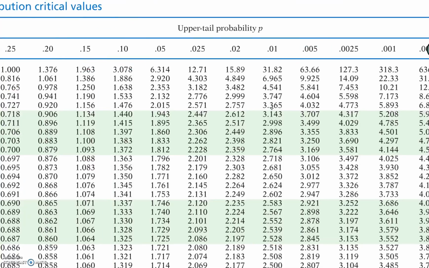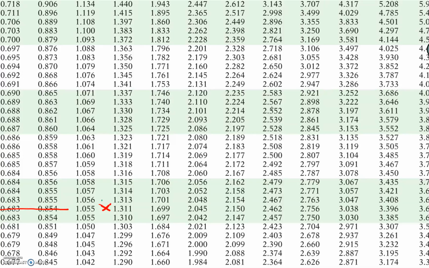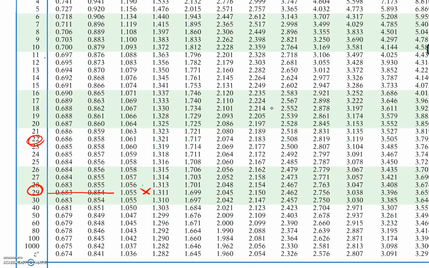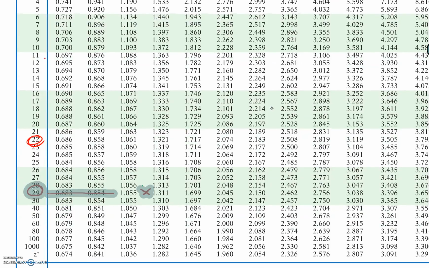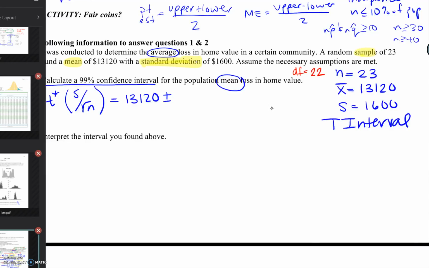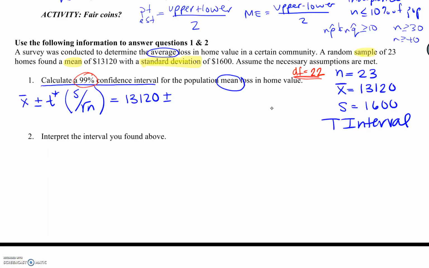So if we're going 22 as our degree of freedom, you can't see it on my screen because I'm not far enough over. There we go, 22. We need 22, and I didn't write down what the confidence level was. Confidence level is 99%.